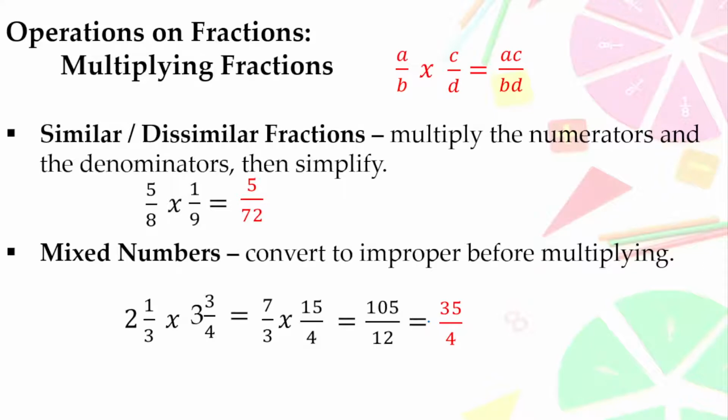Or pwede nyo pa po itong gawing mixed numbers. Kung gusto nyo, mas paliitin pa siya, pwede nyo pong gawing 8 and 3/4. Yan po talaga yung pinaka-simplest term niya. 8 and 3/4. Okay?